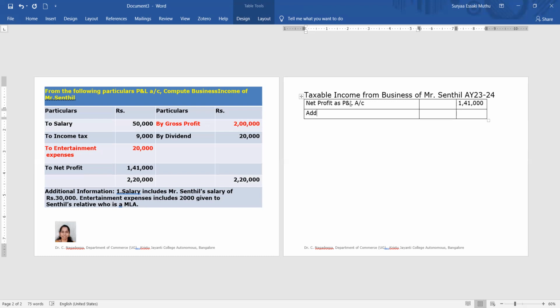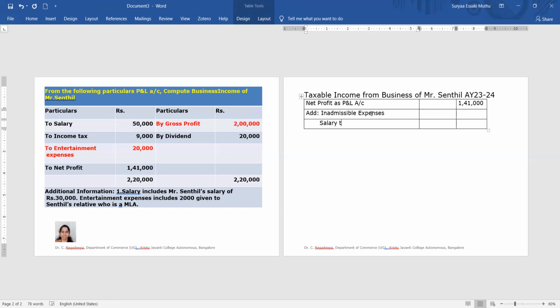Next, you are going to add inadmissible expenses. Okay. So under this, what are the inadmissible expenses we are having? Already we found one is salary which is given to himself, that is the proprietor, which is not allowed.